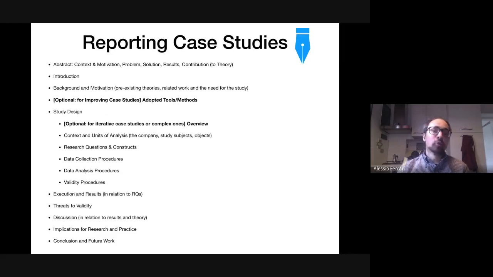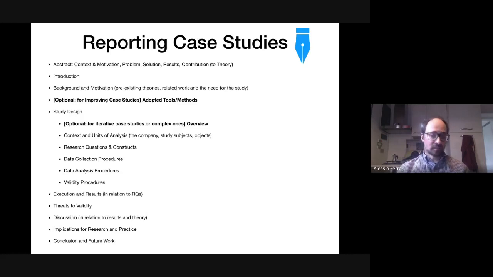Or the tool is the output of the overall process, but still this is the area where you should place the description of the tool. Then study design. If you have a very complex case study or an iterative case study, it is useful to add an overview where you describe the structure. We will see an example in the next slides.